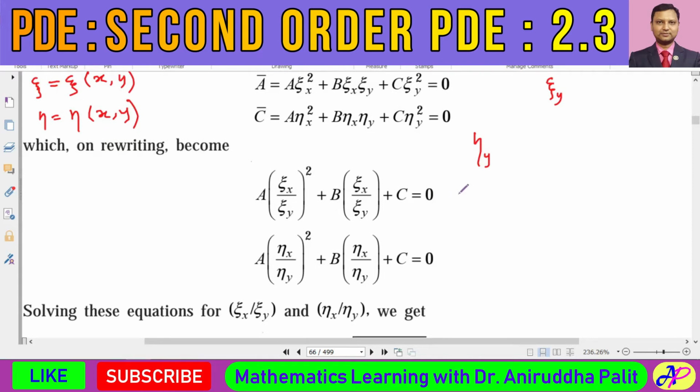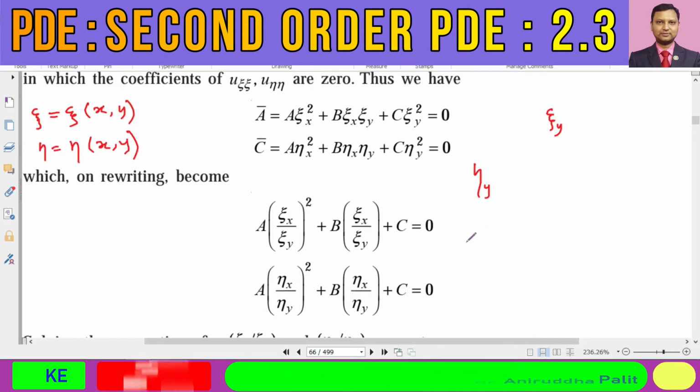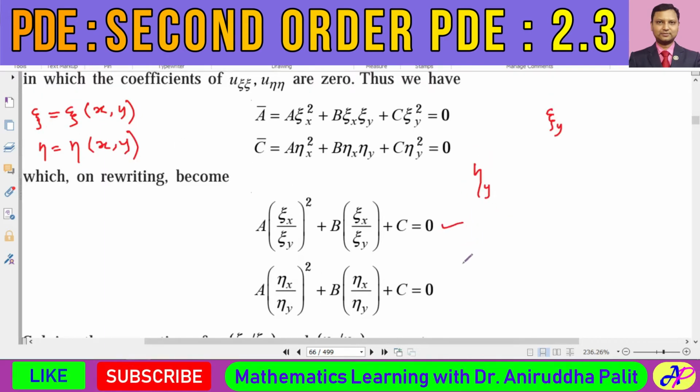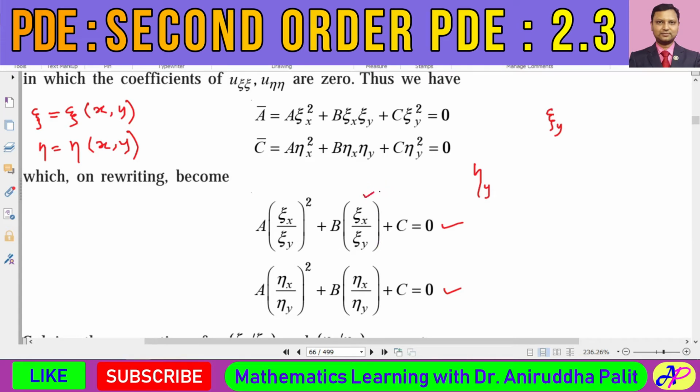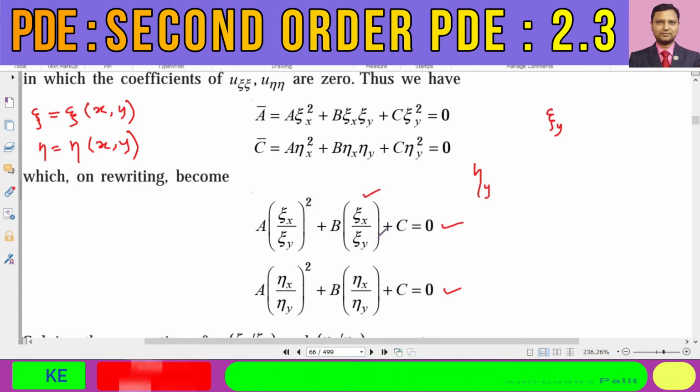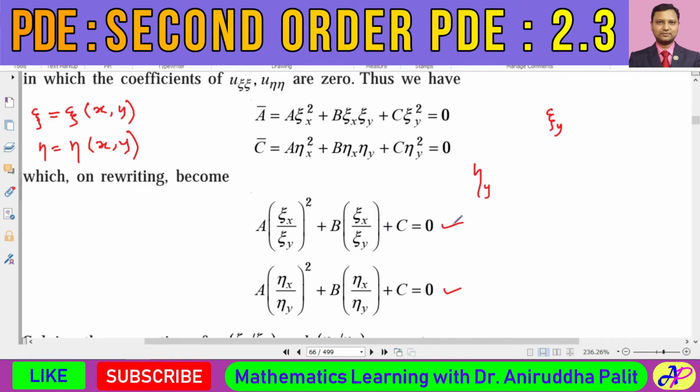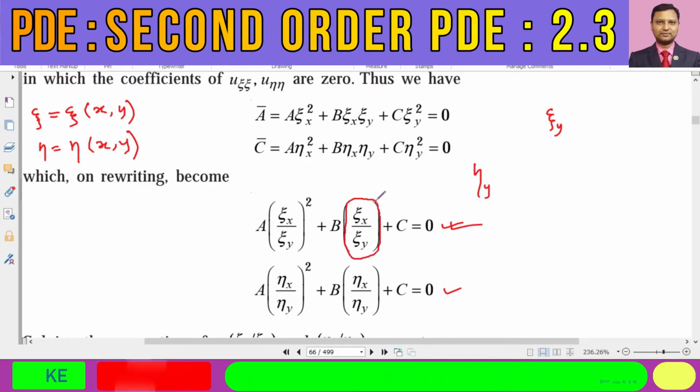After division we have this type of relation. This is equal to 0 and this is equal to 0. You see, this first relation is actually a second degree equation in the expression xi x by xi y.